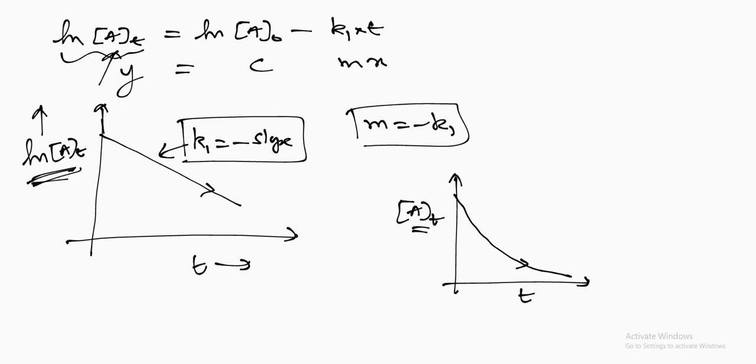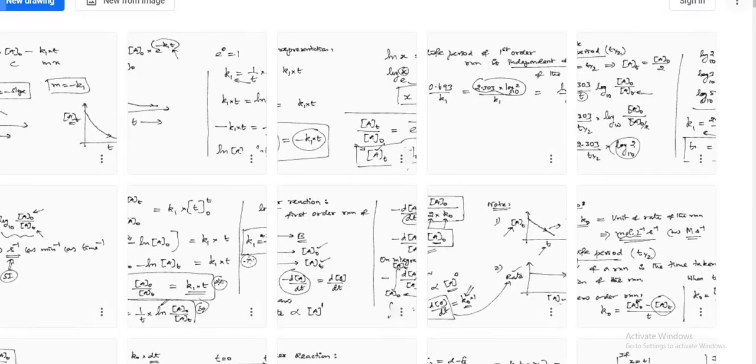Then suppose you plot the same quantity with this equation, say k1 equal to 2.303 by t log base 10 of initial concentration of the reactant A naught by the concentration of the reactant at time t. Now I am taking logarithm of base 10, not simple ln.